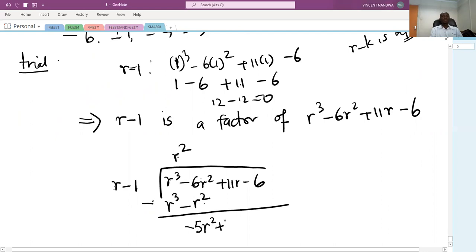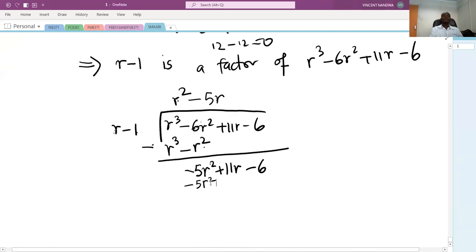And then you bring down the terms, plus 11r minus 6. So you ask yourself, what do you multiply by this r to get minus 5r squared? And the answer is minus 5r. So minus 5r times r is minus 5r squared, and minus 5r times minus 1 is plus 5r.